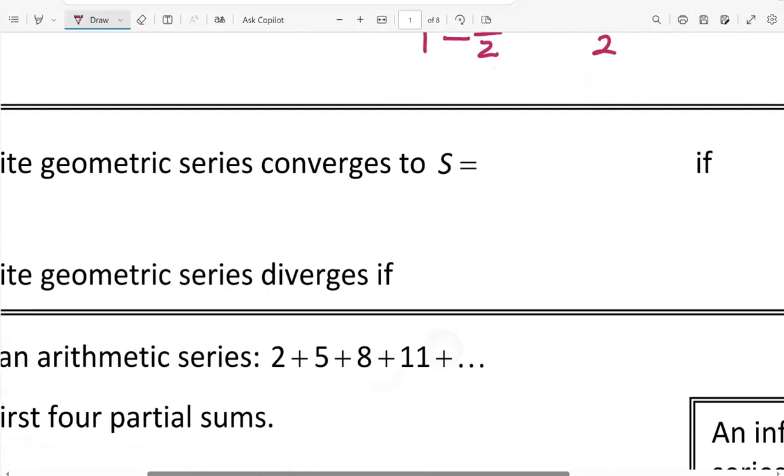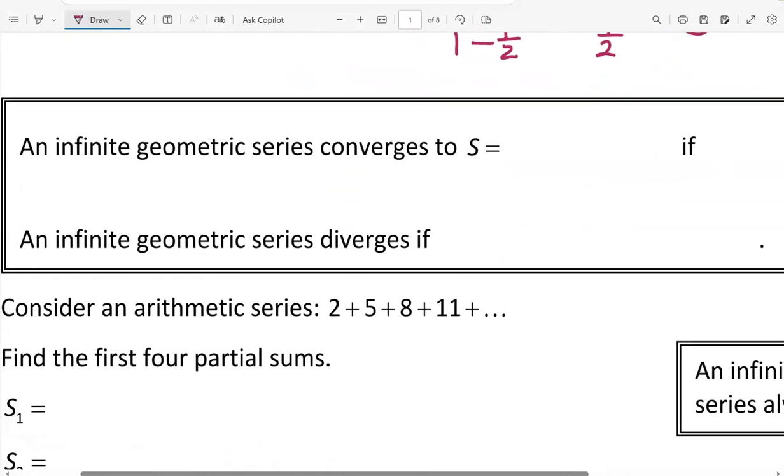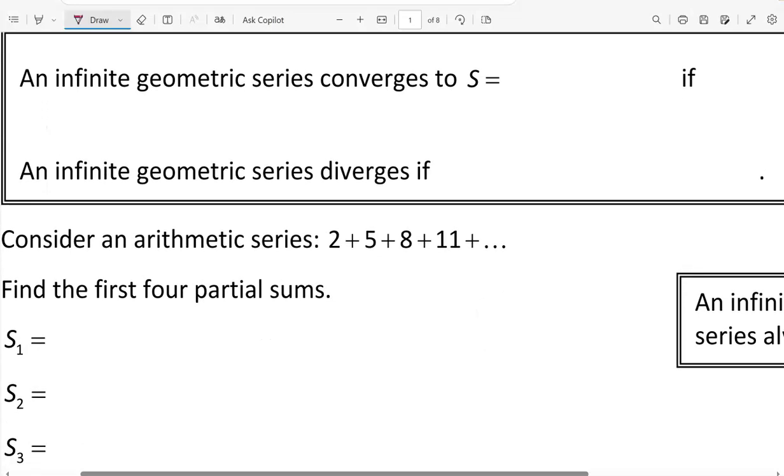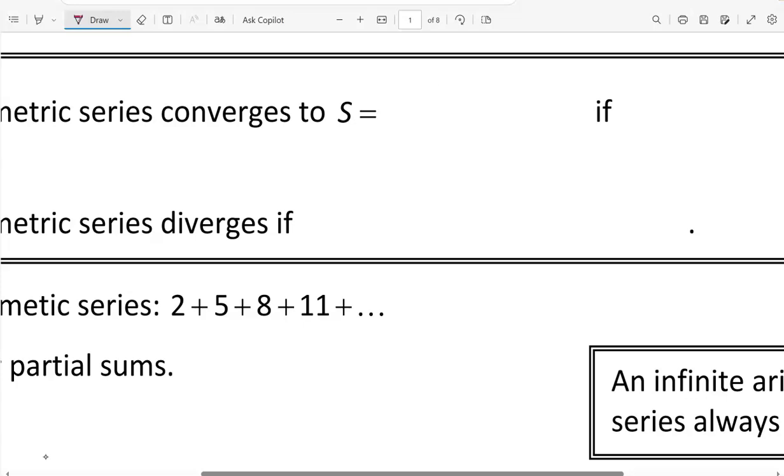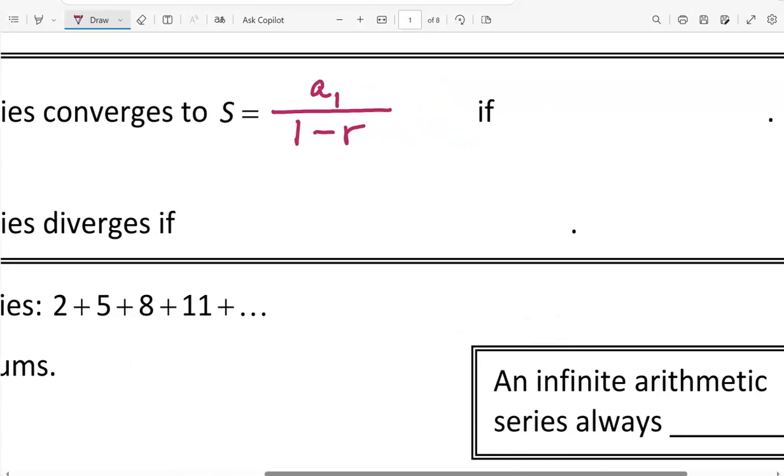So this brings us to the sum of an infinite geometric series. If the geometric series converges, the sum is equal to the first term divided by 1 minus the common ratio. But that's provided that the common ratio falls somewhere between -1 and +1, not including those endpoint values.